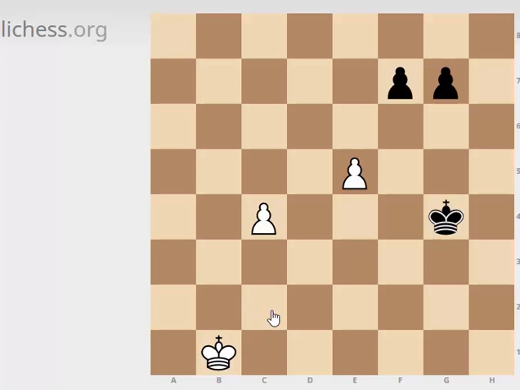Well, bringing his king closer won't really help out, but he can throw a monkey wrench into black's plans by playing the move e6. And playing the move e6 forces a reaction, because otherwise the pawn will simply push or capture, and he will promote the e-pawn. So it basically forces the capture.